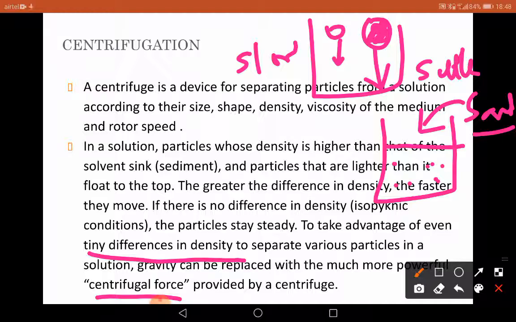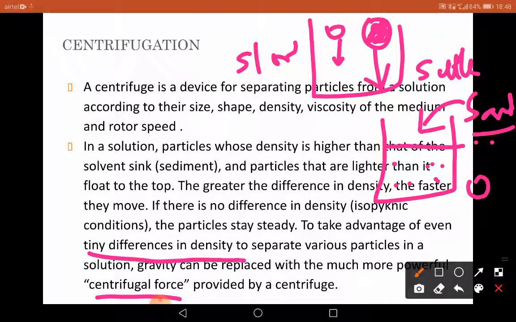The particles with larger size sediment fast, and those with smaller size sediment slowly, taking more time. This sedimentation is due to gravitational power.